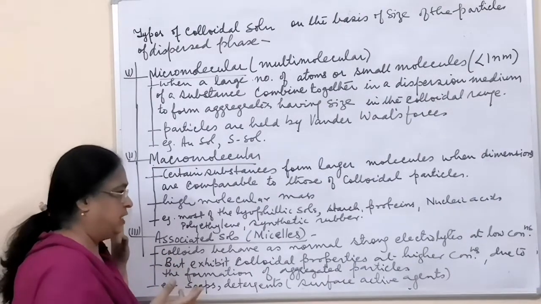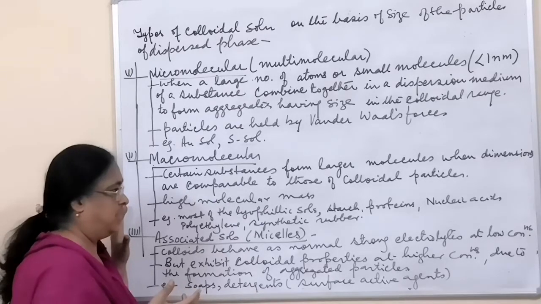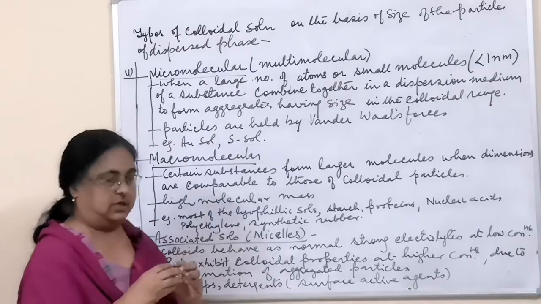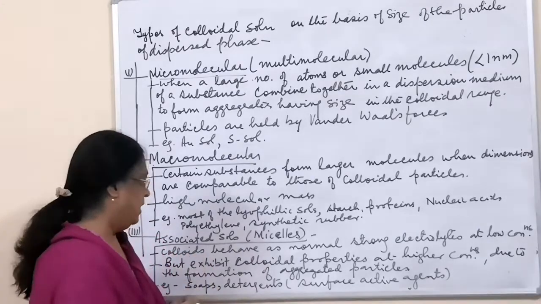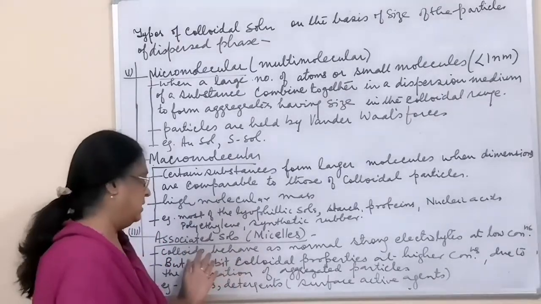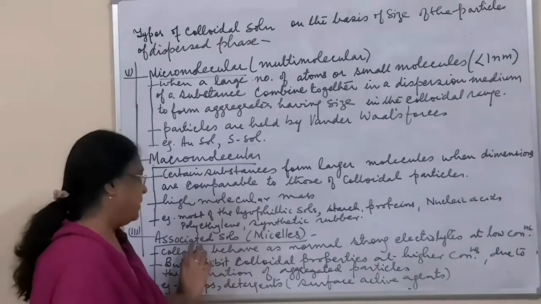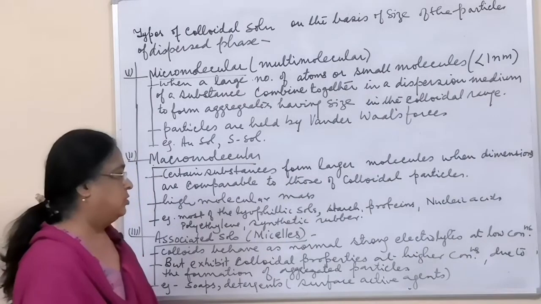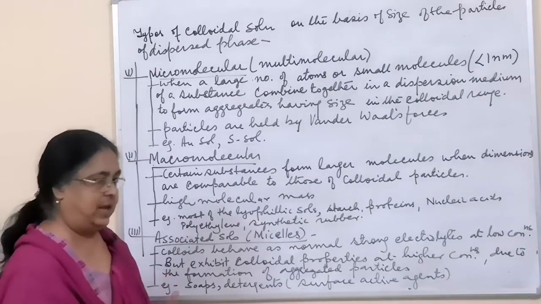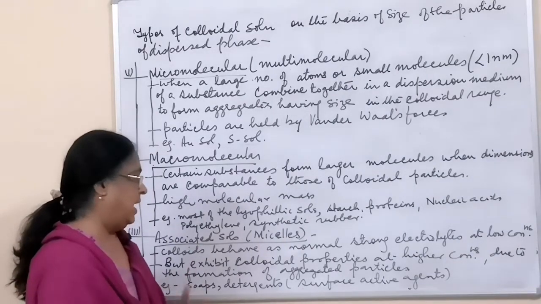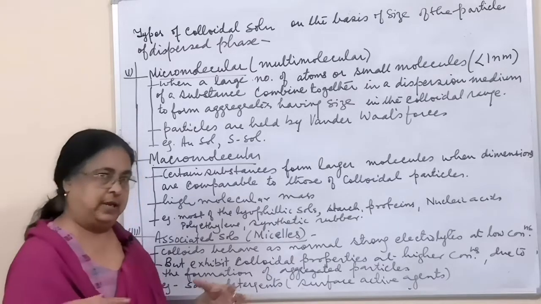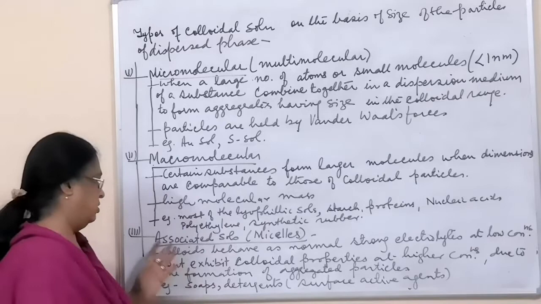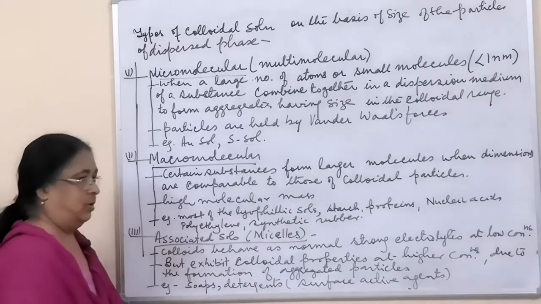But if the dispersed phase has a little higher concentration, they gather together and attain bigger size, and then they are called associated sols. Examples: soaps and detergents. At low concentration, they behave like a strong electrolyte. At higher concentration, those electrolytes gather together and form bigger molecules. Such sols are called associated sols.